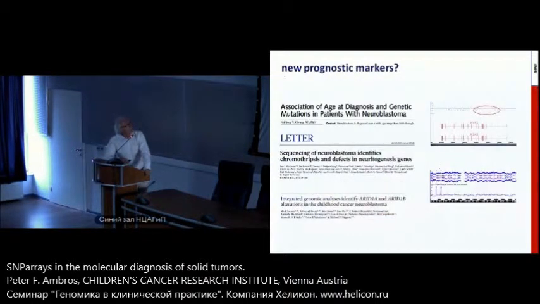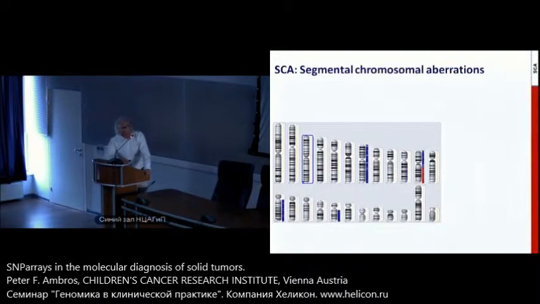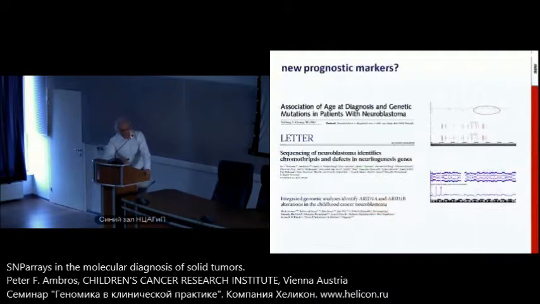Okay, I'll bring you a little bit to the future. Recently, there was a description of a deletion in the so-called ATRX gene, which is believed to be a prognostic marker, at least in the presentation last year.